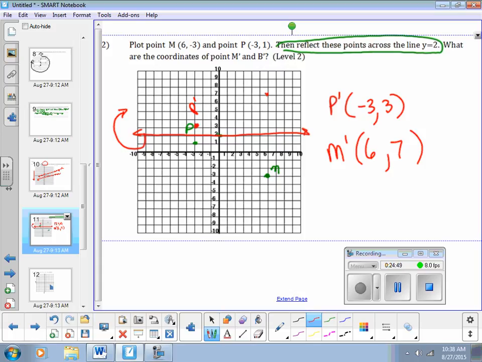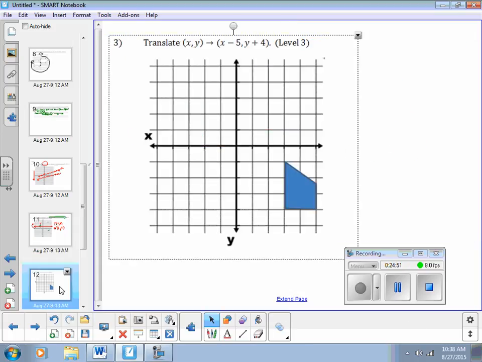No? Easy. All right, this one, translate that figure which way? To the left 5 and up 4. Every dot, just go to the left 5, up 4. Okay? So 1, 2, 3, 4, 5, up 1, 2, 3, 4.